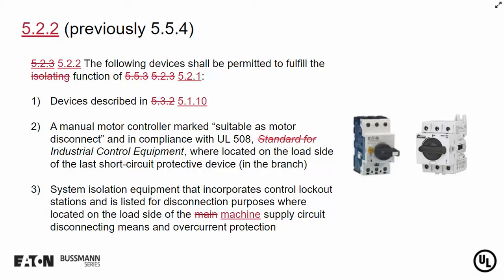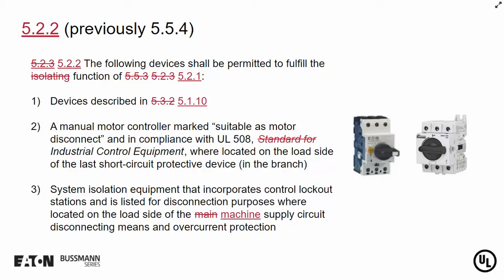And we basically have two types of devices that can be used in addition to the typical machine supply circuit disconnecting means discussed earlier. The first one is what we call a manual motor controller, and that's the picture to the right there. As you can see, these look just like a disconnect, right? And it's often confused.